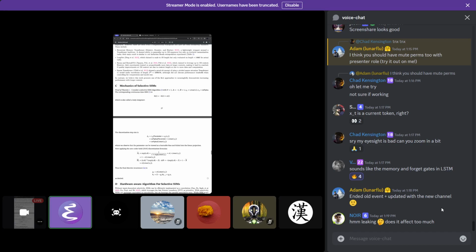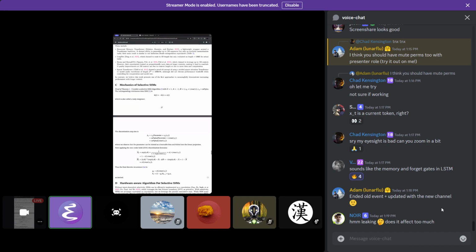So in appendix C of the Mamba paper, they prove that for a particular instantiation of this Mamba block, it's doing exactly the gating mechanism here. This is the simplest version of the Mamba block. It ends up being the gating mechanism, which we just discussed.